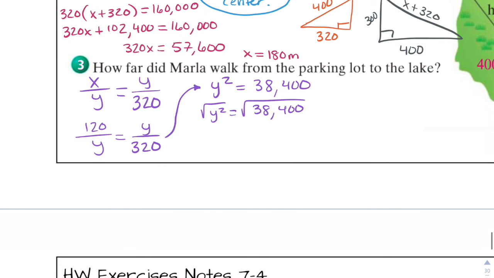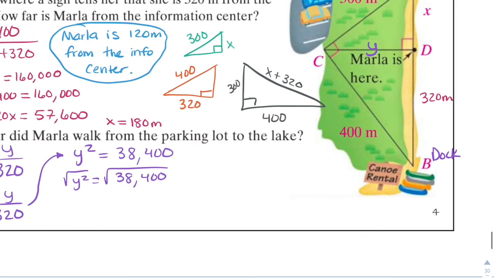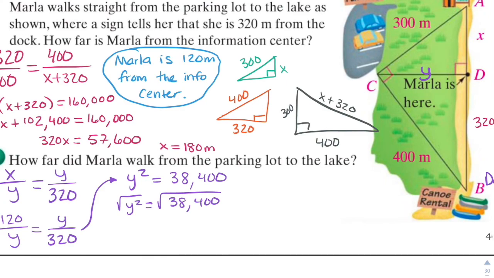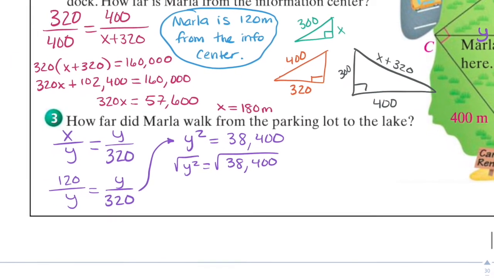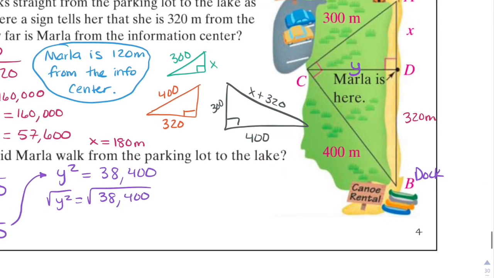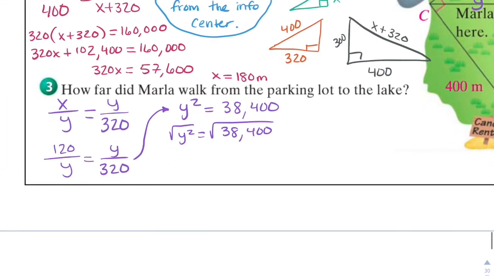What did I do wrong? x is to y as y is to 320. Oh, it was 180. My apologies. x is 180, not 120.